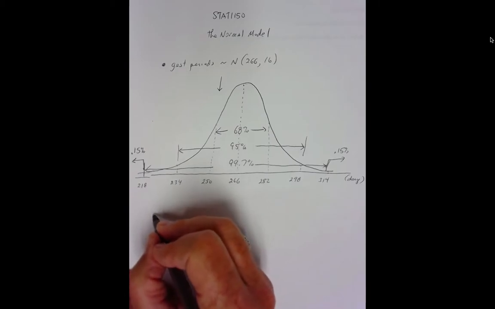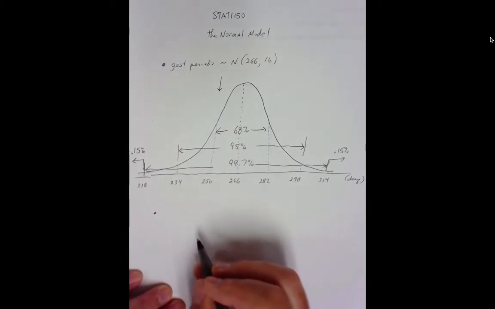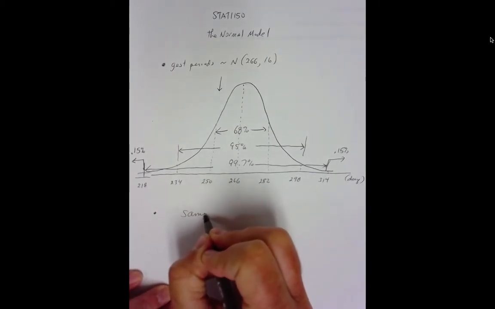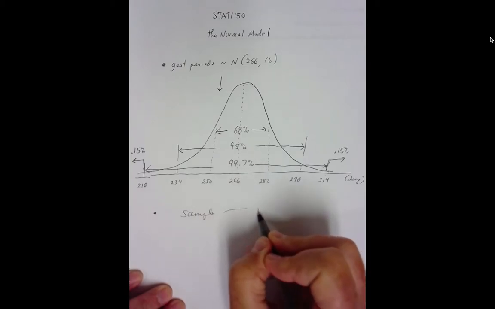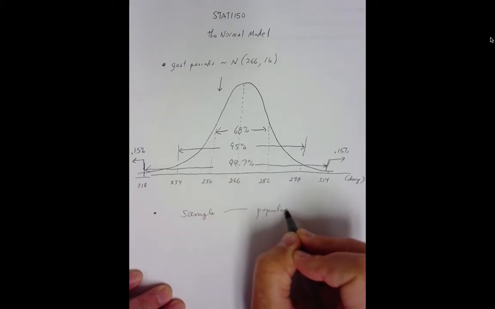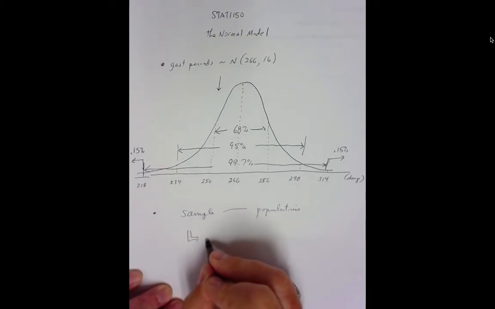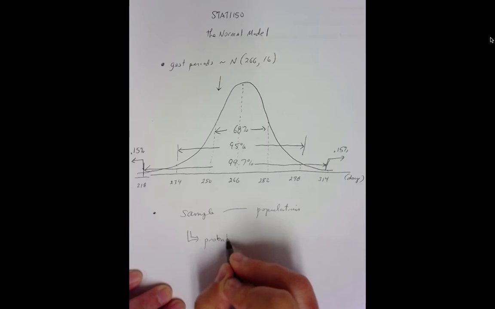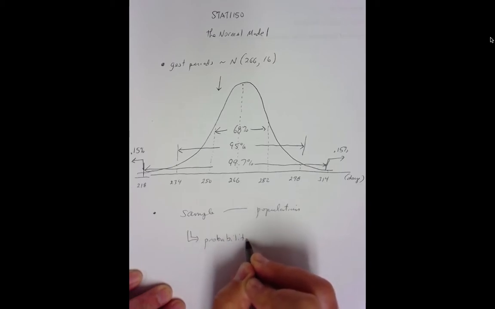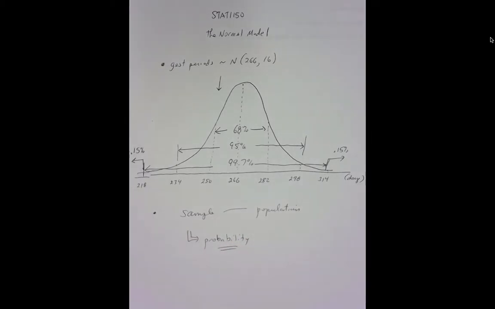Now, guys, it's really important for us in making this connection between samples and populations to bring in the idea of probability. Now, guys, this is not a class in probability. It's a class in statistics. But statistics uses probability to make very, very important decisions.